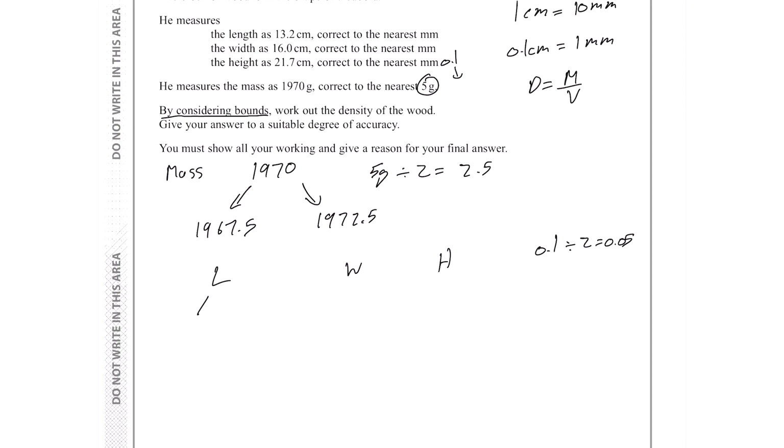Then we add and subtract 0.05 from the length, which becomes 13.15 and 13.25. The width becomes 15.95 and 16.05. And then the height becomes 21.65 and 21.75.